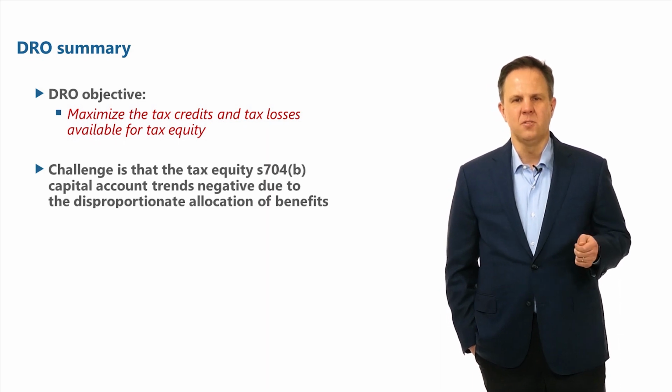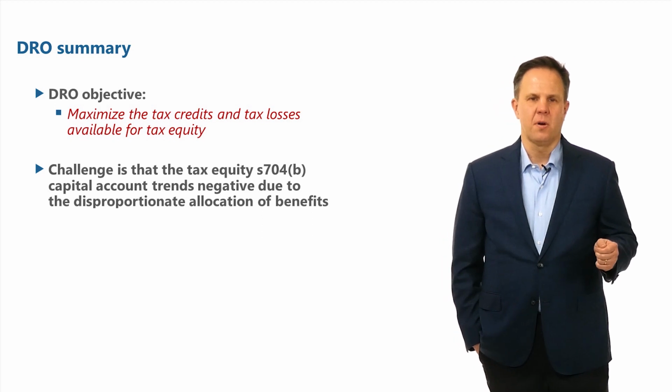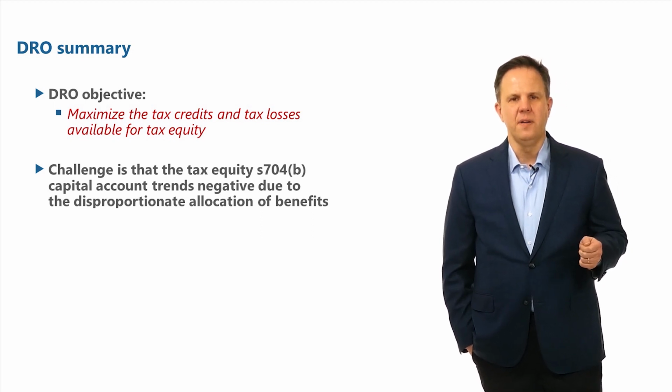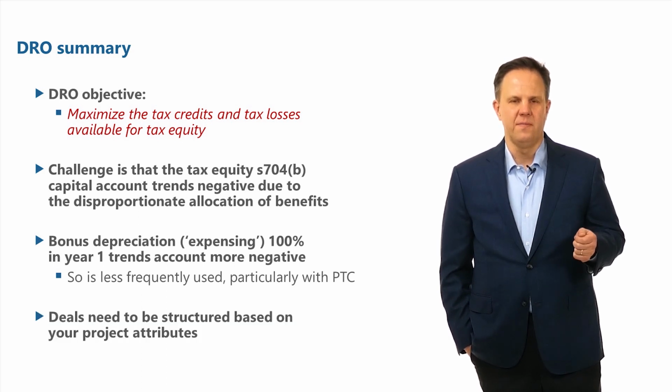This also explains why 100% bonus depreciation in year 1, sometimes called expensing, is generally avoided in deals in which the tax equity investor provides a DRO, as the account trends even more negative. Which option to select will depend on the detailed analysis for your project, and there is huge value in a good advisor for this analysis.